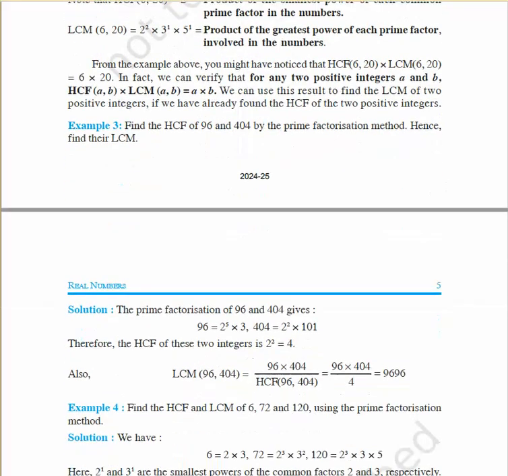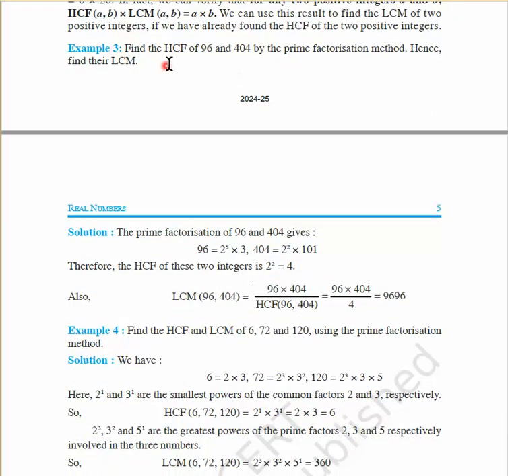Now let's move on to another example where we need to find the HCF of 96 and 404 by the prime factorization method. So 96 can be written as 2 raised to power 5 into 3, and the prime factors of 404 is 2 raised to power 2 into 101.